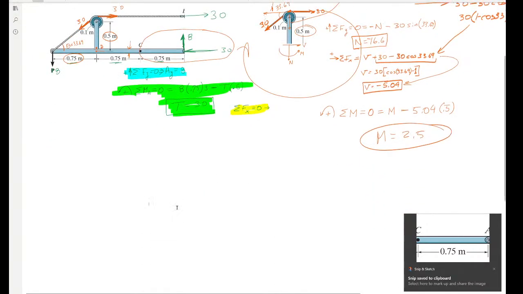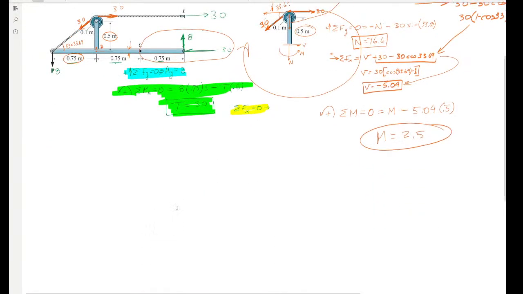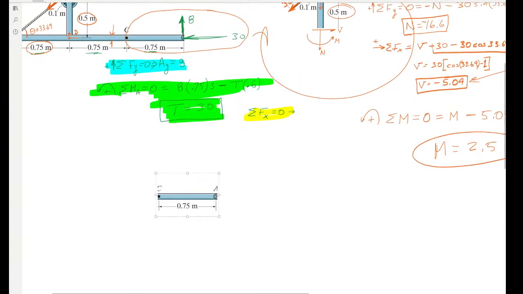I'm going to drop down here, paste it, move it back up here a little bit. I'm basically going to copy the 30, which is this way, the 8, which is that way.